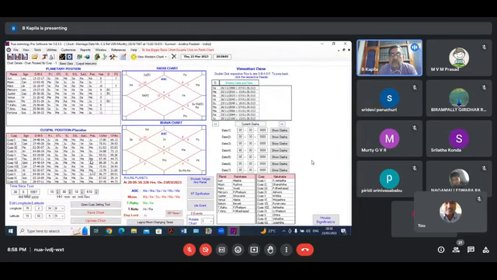Yes, sir. So all those details would be appearing in Murthyji's magazine, which is coming next month. I have shared the same chart and I have given all details for that chart.